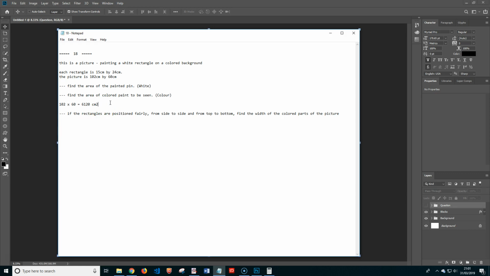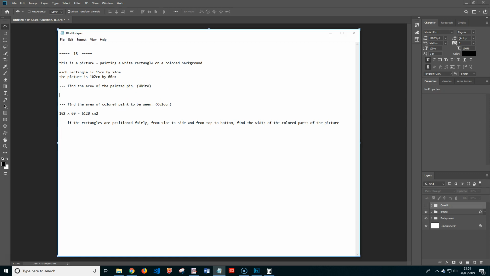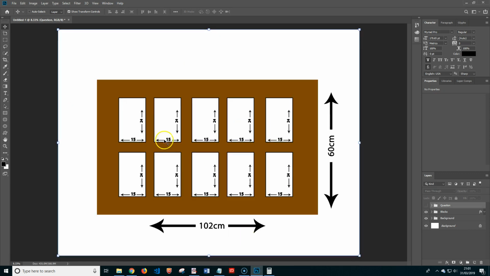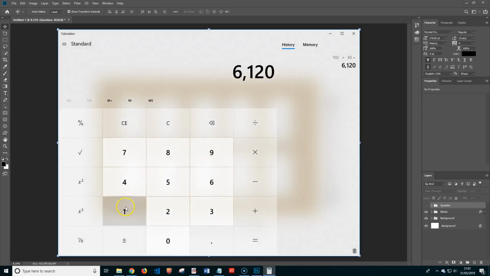And the next one we have to find out is the area of the white part. So we know that the white part is 15 by 24. So we'll do one square first. We get our calculator, so we do 15 times 24 equals 360.